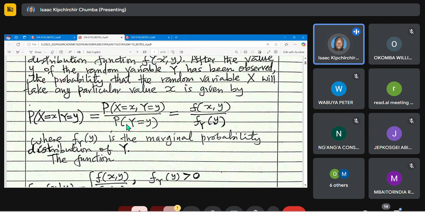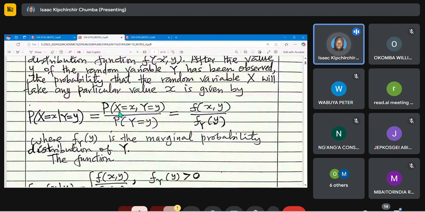Then in the denominator, we have the probability of y equals y. Basically, the denominator is the marginal, and the numerator is the joint. So it is the joint over the marginal. The marginal will be of the one which has already been observed, the event which has occurred.